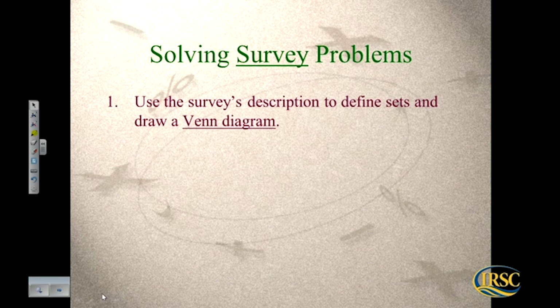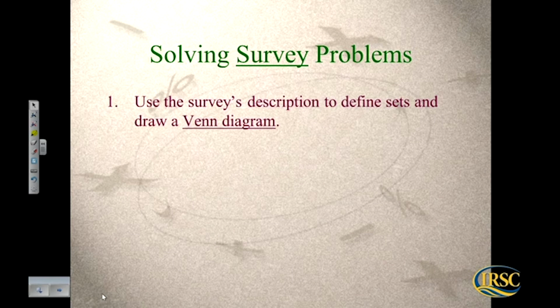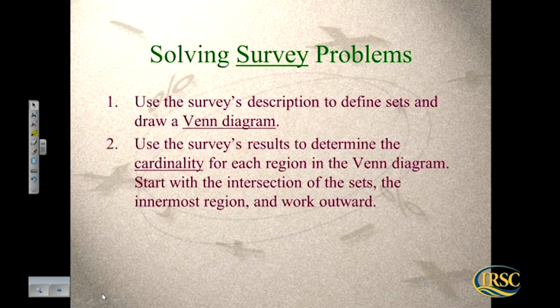Okay, so whenever you're solving survey problems, the first thing you want to do is use the survey's description to define your sets and draw a Venn diagram. Now that was already done for you in this problem. So you already had the Venn diagram set up. And then use the survey's results to determine the cardinality for each region in the Venn diagram. And again, that was already done for you.